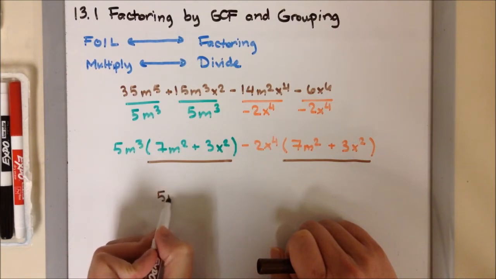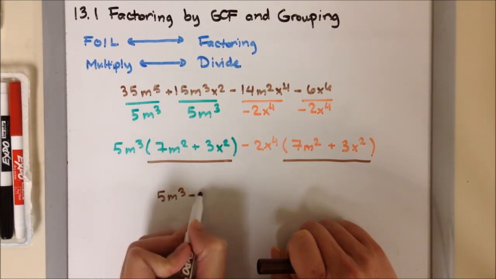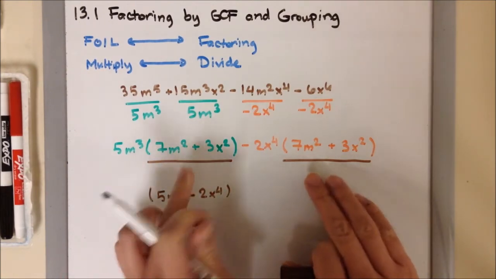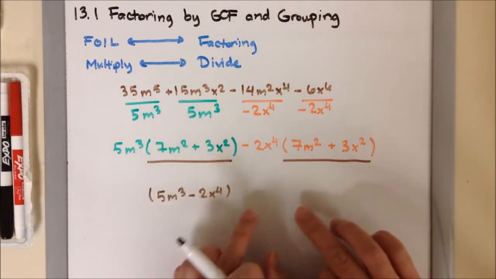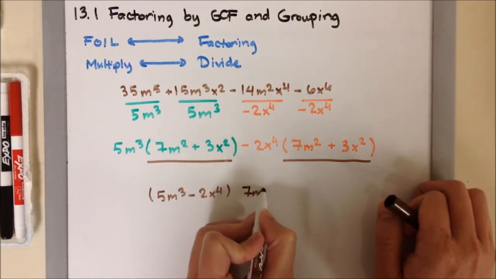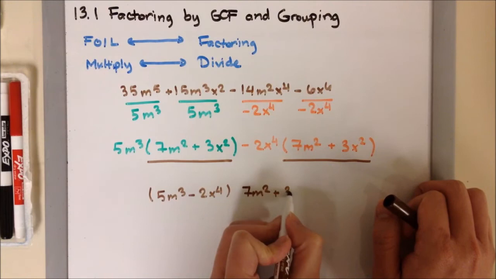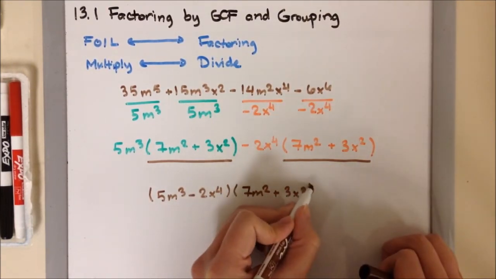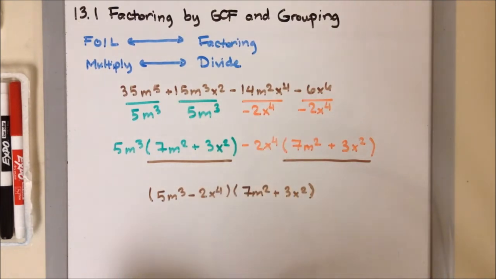So 5m to the 3rd minus 2x to the 4th in parentheses, and then I put what I just underlined here. I'm going to write it once, so 7m squared plus 3x squared, in parentheses. So here's my factors using the factor by grouping.